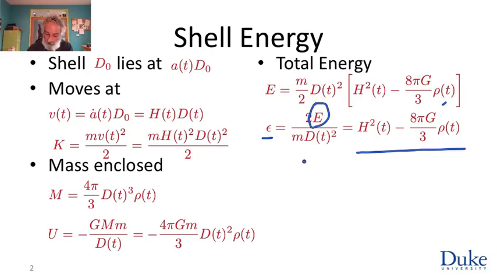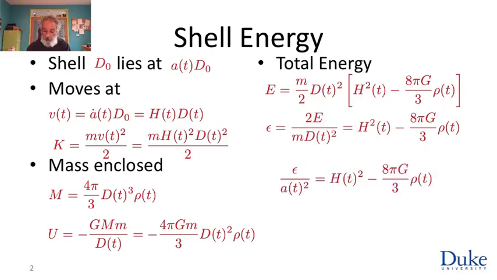So I can write, in particular, that factoring out a common factor of d0 squared, I can say that epsilon, or some other quantity, epsilon prime, I should say, where epsilon prime is twice the energy of the shell, which is a time-independent thing, over m times the square of the distance the shell was at time 0, and then epsilon is the same thing divided by a squared, because d of t is d0 times a.